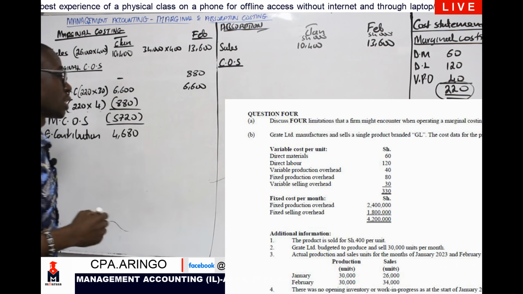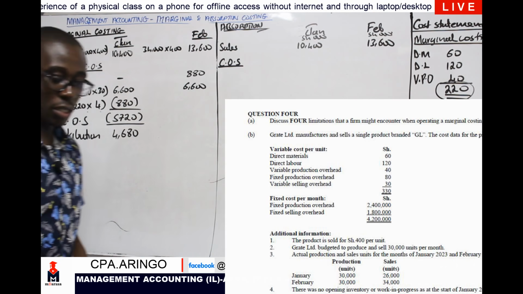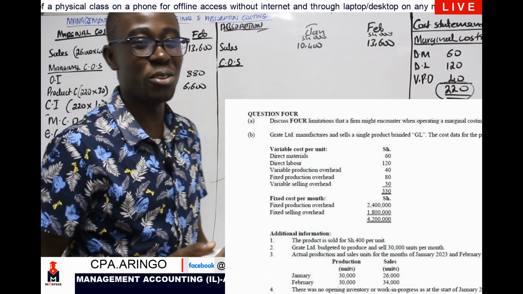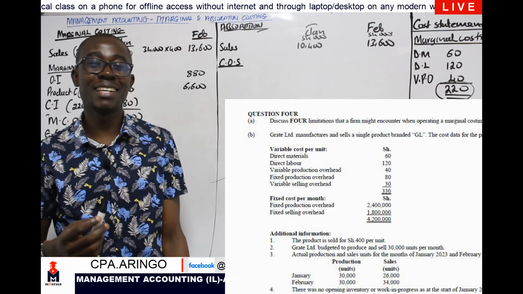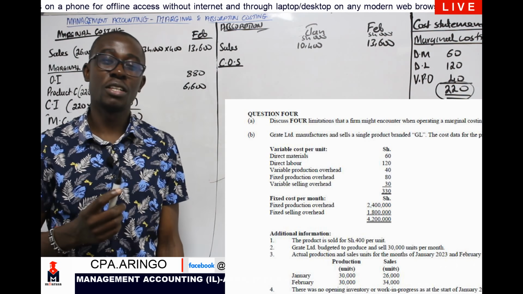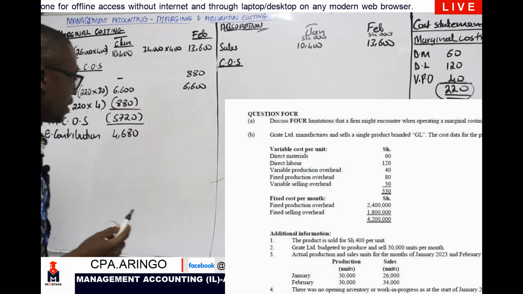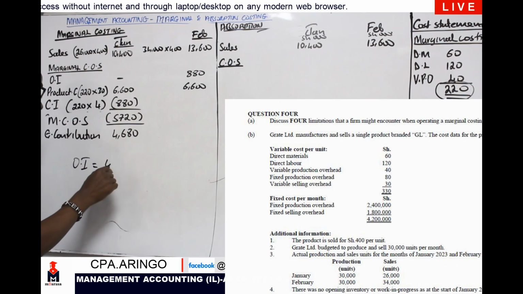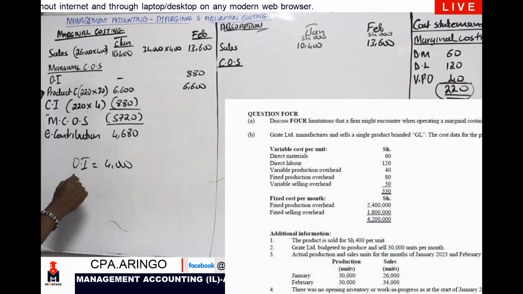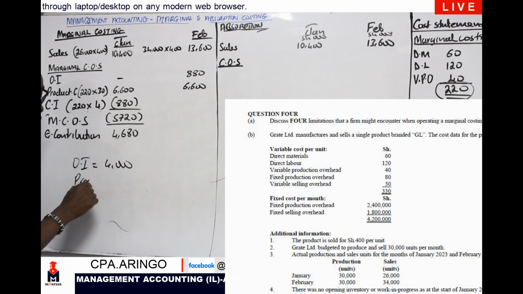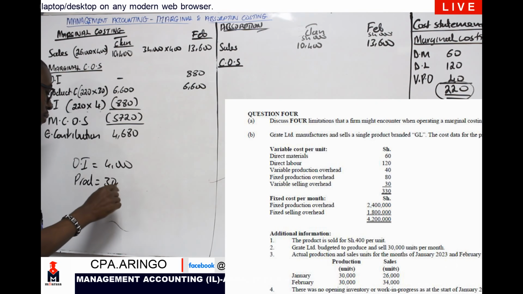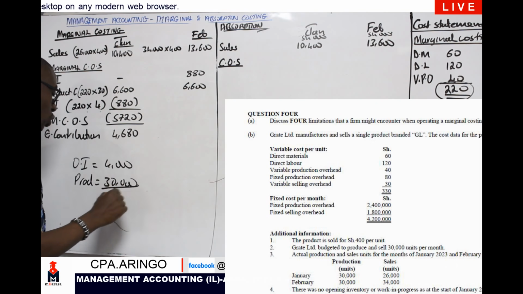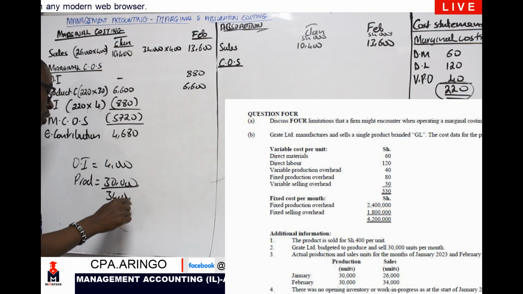What about closing inventory? Do we have any closing inventory, my good students? I want us to understand this concept clearly. Let us see. My opening inventory is 4,000. We produced 30,000 units, so in total, we had 34,000.